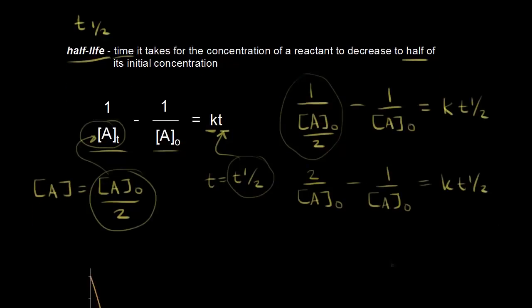So what is that? That would just be 1 over the initial concentration of A, and that's equal to the rate constant k times the half-life. So now we can solve for the half-life.